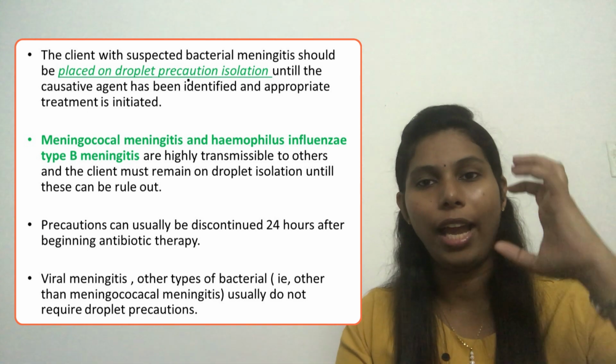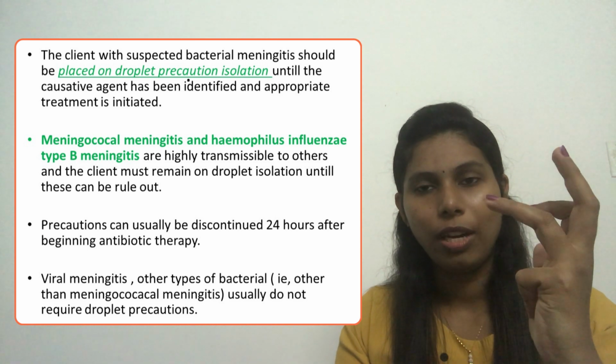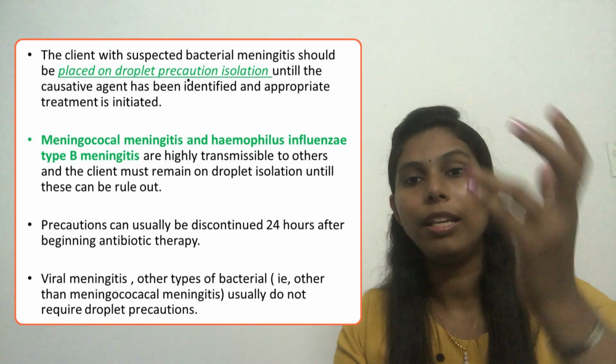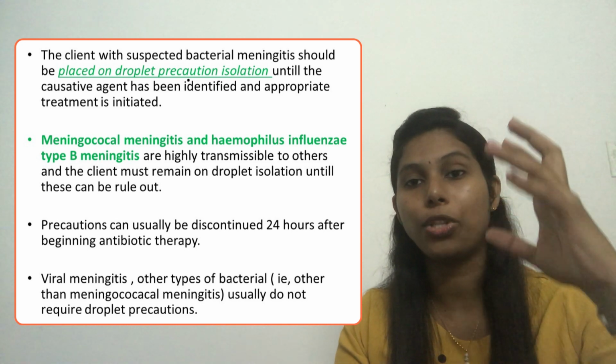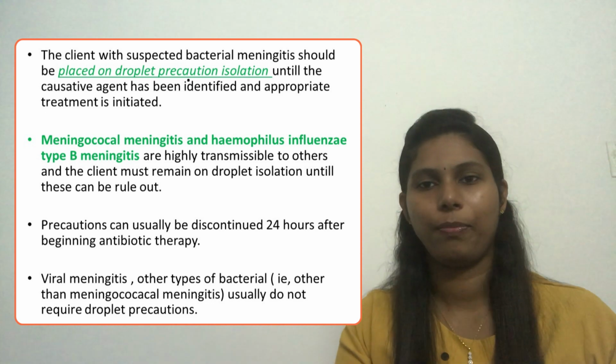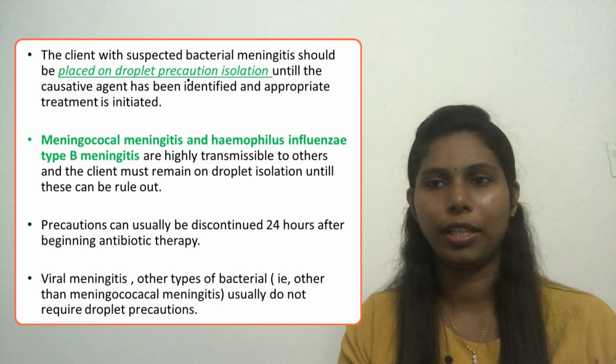But when the client has a meningitis infection, the WBC count as well as the protein will be elevated, the CSF pressure also will be elevated, and the glucose will be decreased. So these are some of the differences and points that we will keep in our mind.